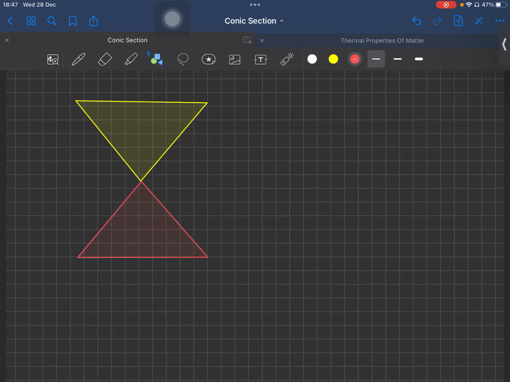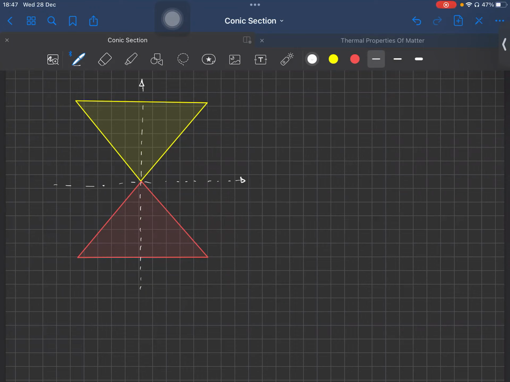This is the axis of these two cones, the vertical axis. This is the axis of the cone, not the hyperbola.